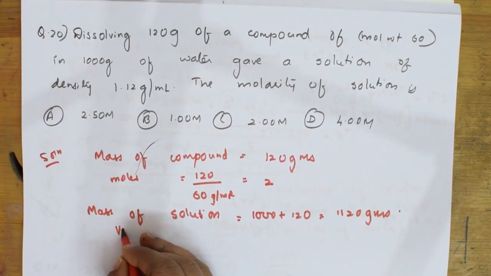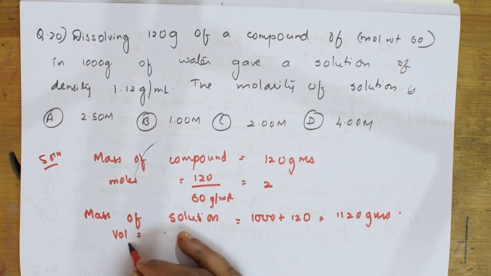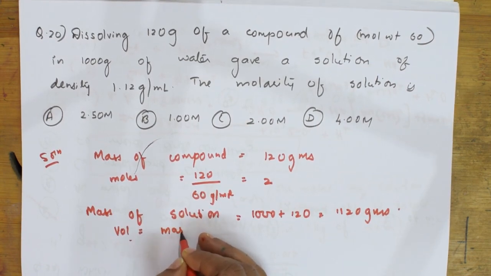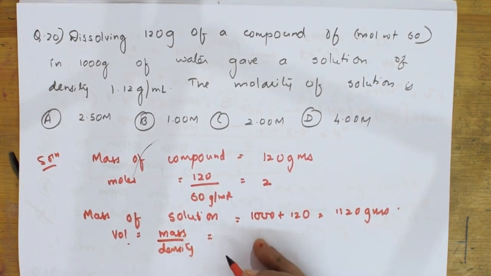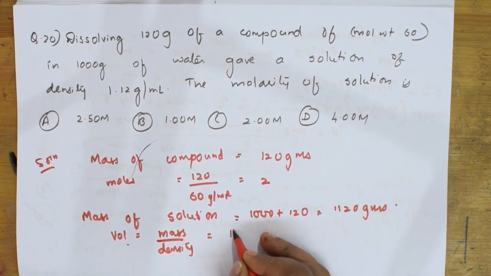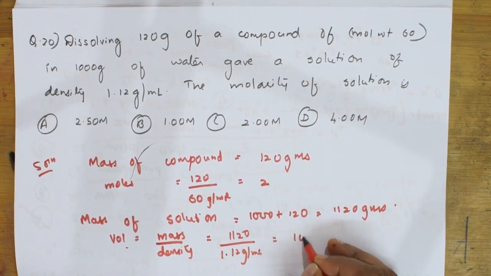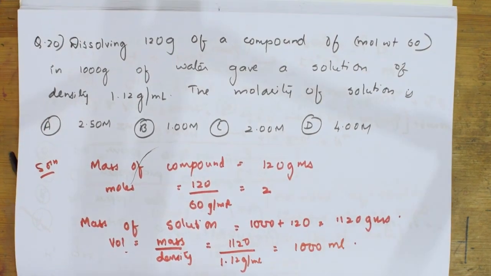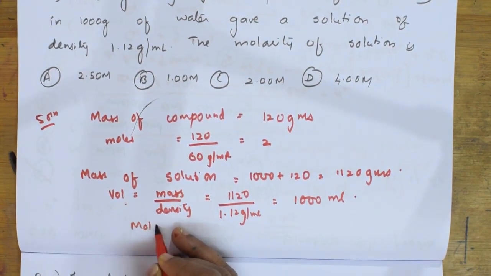Now the volume of the solution. Density is equal to mass by volume, so volume is equal to mass by density. Mass is 1120 and density is 1.12 gram per milliliter. How much do I get? 1000 ml. Now calculate molarity. Directly I have all the data.